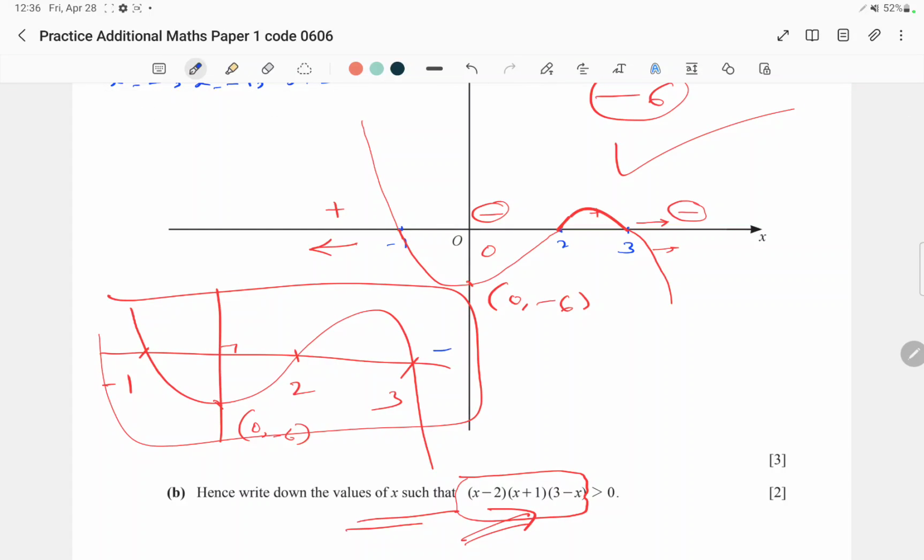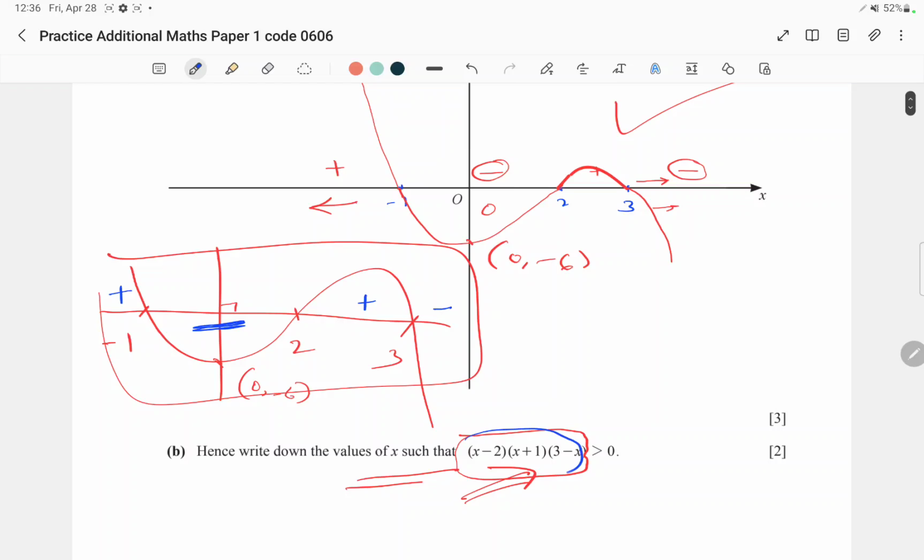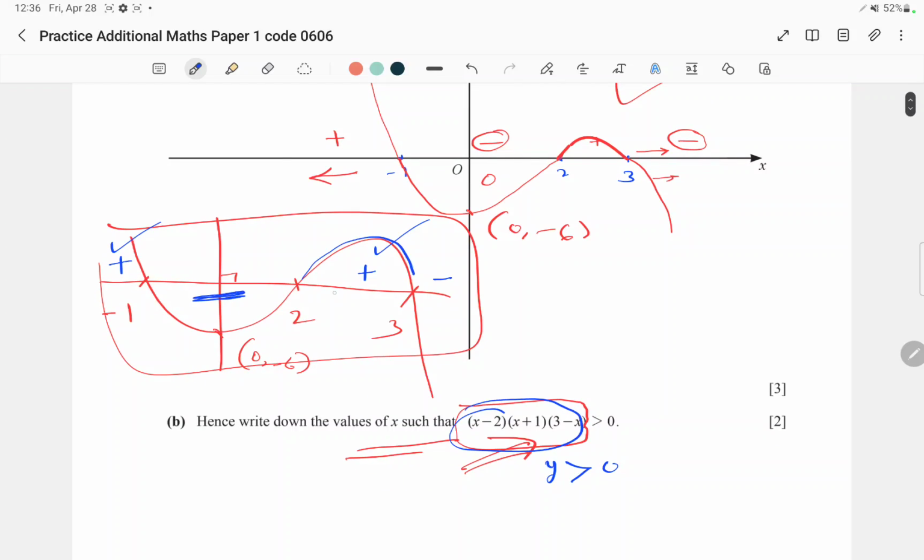We know that on this side y is negative, on this side y is positive, here it's negative, and again here positive. This whole expression is y, right? So y is greater than 0 in this region and in this region. For this region, we need to think about x, because we need to give the x value. What will be the value of x so that this expression is positive?